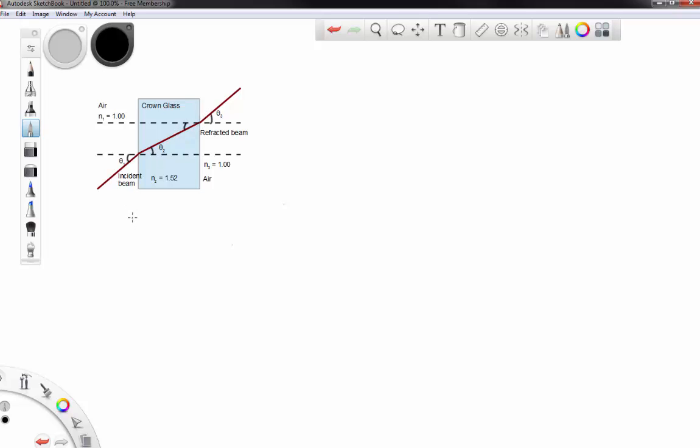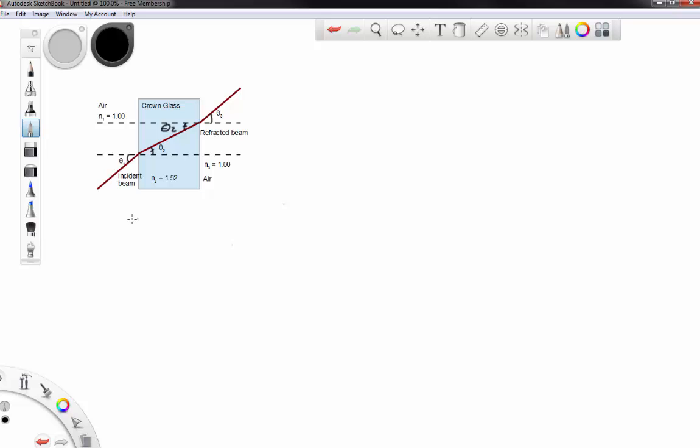So there's really 3 steps involved in this problem. The good news is that the second step is actually really easy, because it turns out that this angle and this angle have to be equal. So this right here is also equal to theta 2. So once we find this angle, we've got this angle, and so it's actually a 2-step problem.